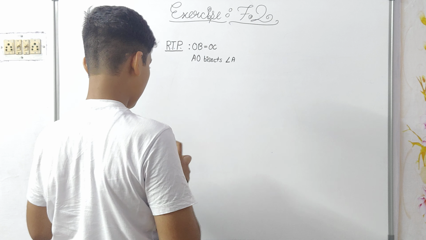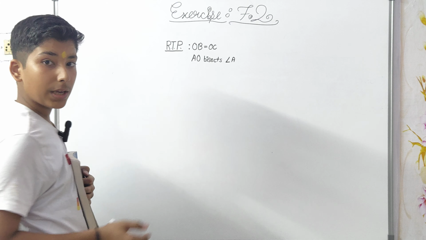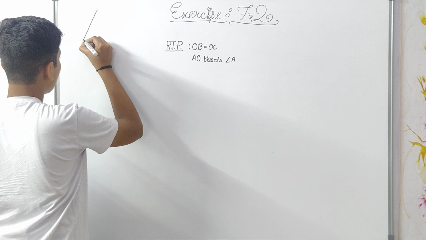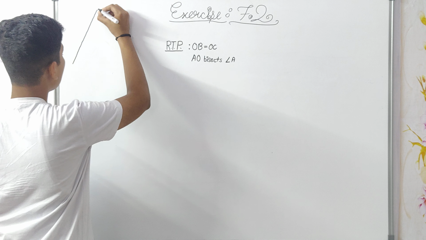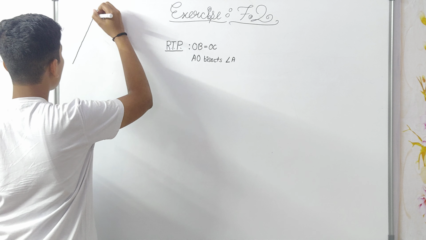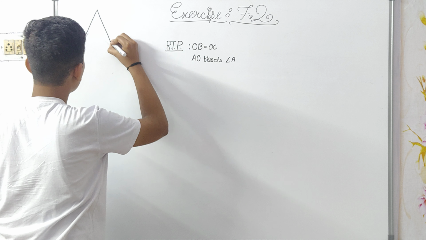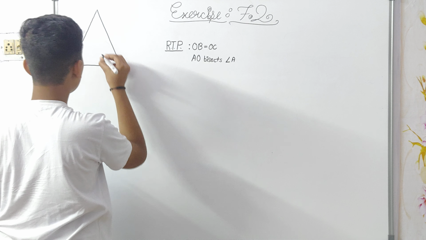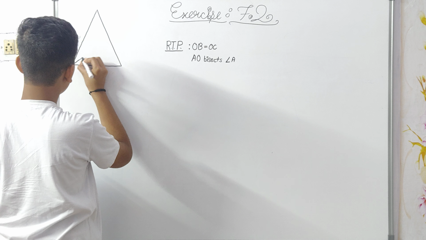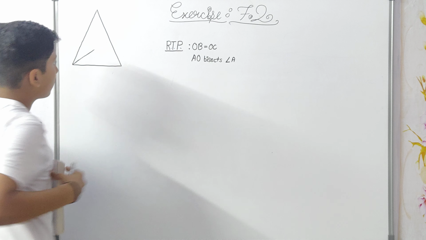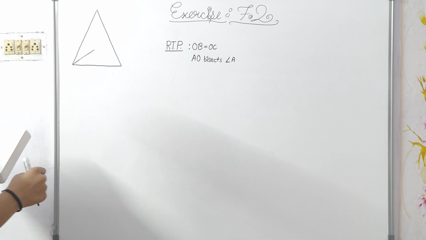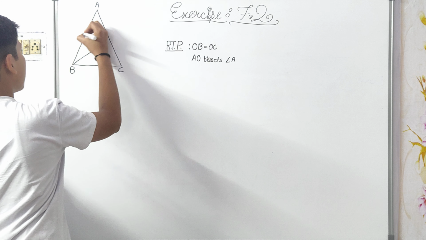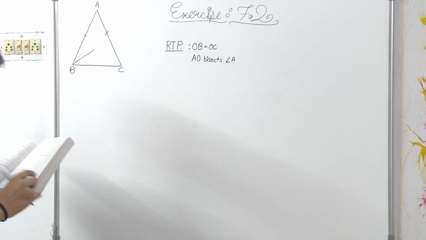ABC is an isosceles triangle. Okay, so I'm drawing an isosceles triangle. It is also given that AB equals AC.